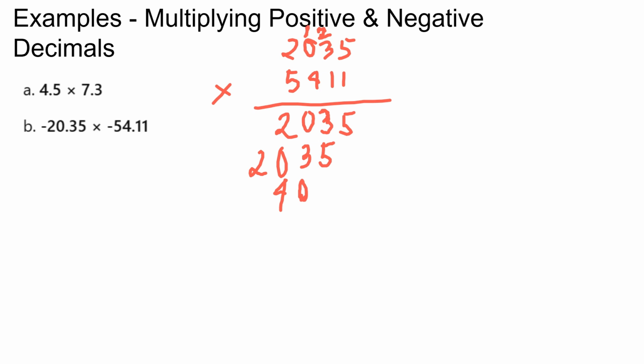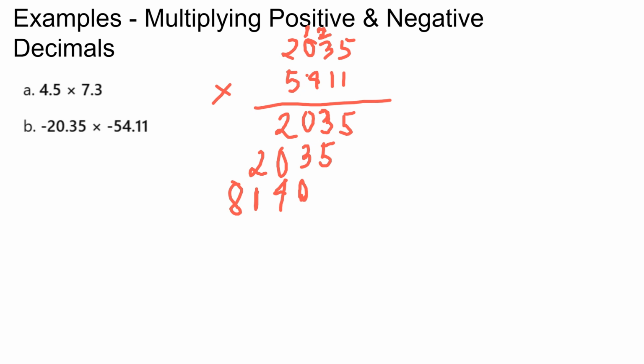Then 4 times 0 is 0, plus 1 gives us 1 here. And then 4 times 2 would give us 8, over here. Next.